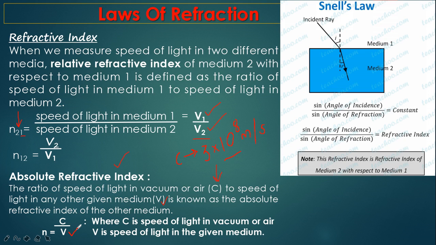So you can find out the refractive index in two different ways. If the angle of incidence and the angle of refraction are given, you can find the value of refractive index with the help of Snell's law. But if the speed of light in the two media are given, then you can find the refractive index of one medium with respect to the other with the help of the ratio of the speed of light in the two media, right?